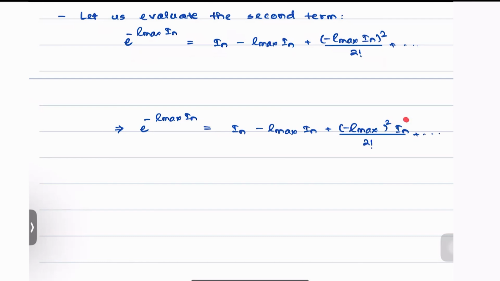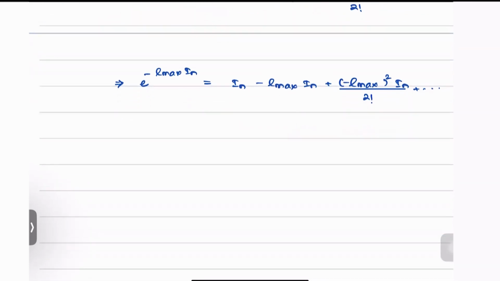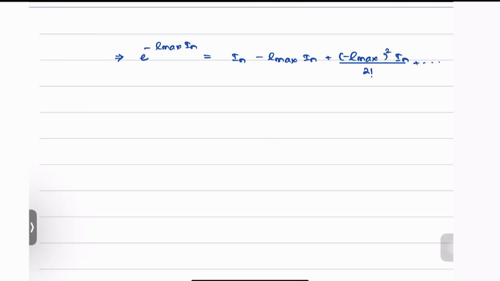So we can take out the In and write it separately here. We can further take In common. And what are we left with? We are left with 1 minus L max plus L max squared divided by 2 factorial and so on and so forth.